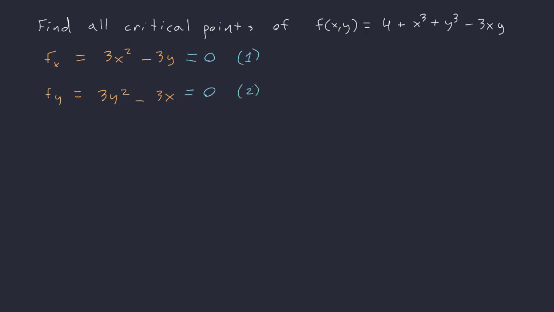So the process for finding critical points usually follows this method, right? 1, solve one equation as far as you can. 2, take the result from this first part and plug it into the second equation.